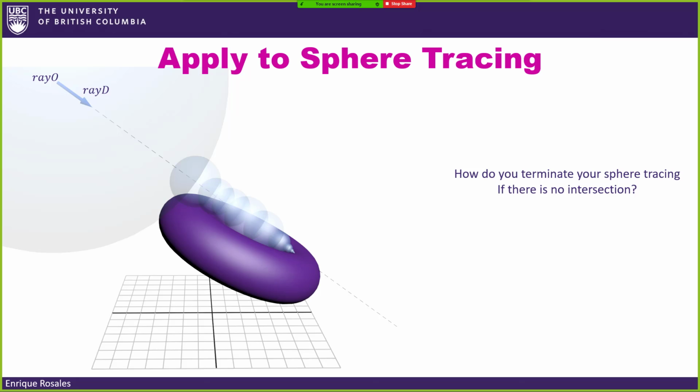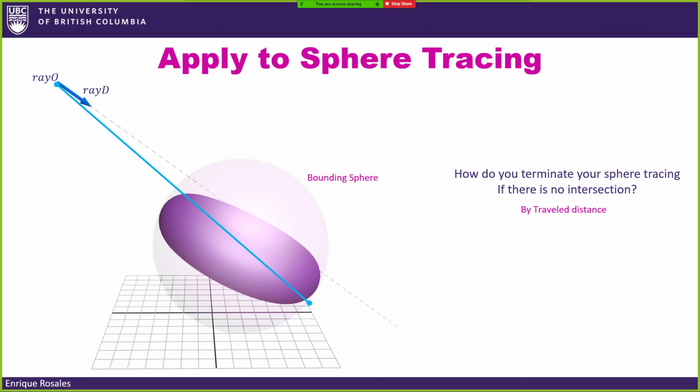So what we usually do is we define the termination of our algorithm by travel distance. It could be called depth, but it is usually called travel distance. So what is travel distance? Imagine that you have your object. In this case, it's a torus, but it could be a sphere or a cone or another object.